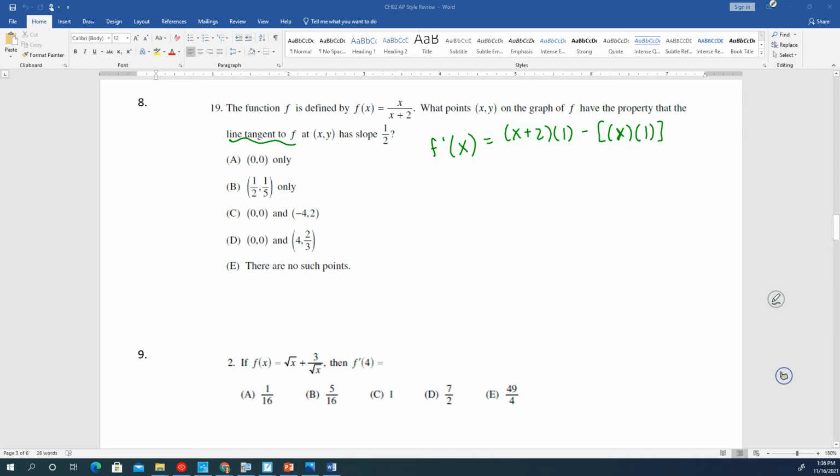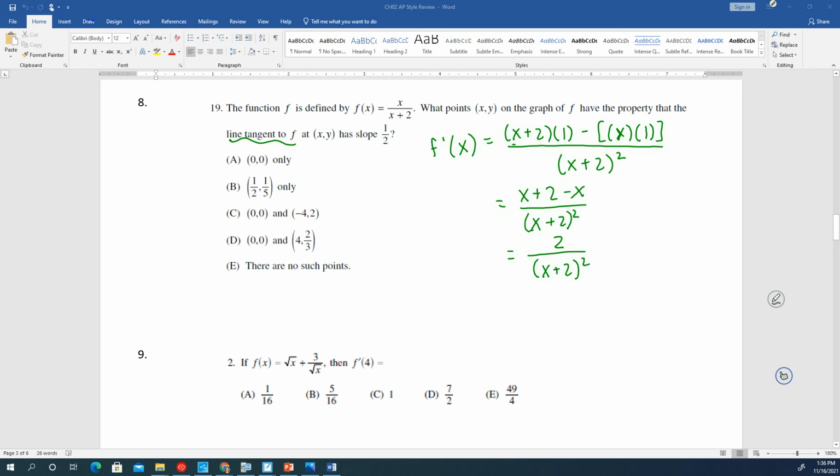Derivative of low is just 1, all over low squared. Okay, let's clean up the top a little bit. I have x plus 2 minus x. I end up with just 2 over x plus 2 squared.